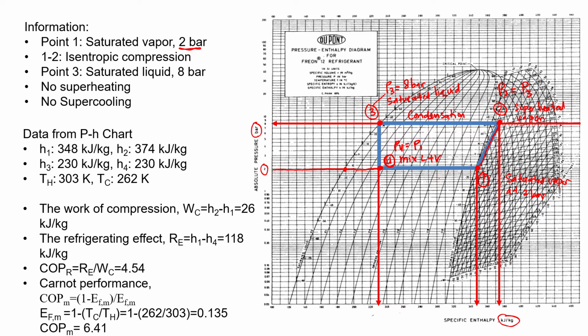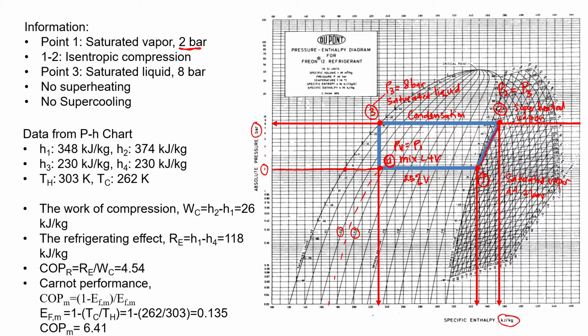If you want to know exactly what percentage of liquid or vapor, you can trace back this line down. You find out here, this is 0.2 and this is 0.3. So it is 25% of vapor.